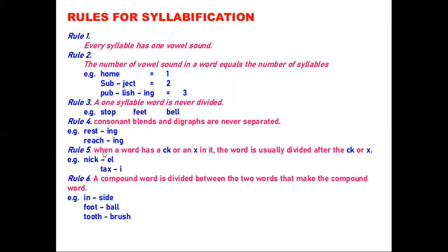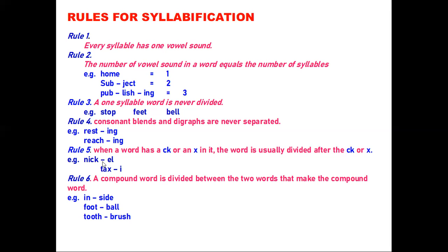Then rule 5. When a word has a CK or an X in it, the word is usually divided after the CK or X. For example, nickel, taxi.